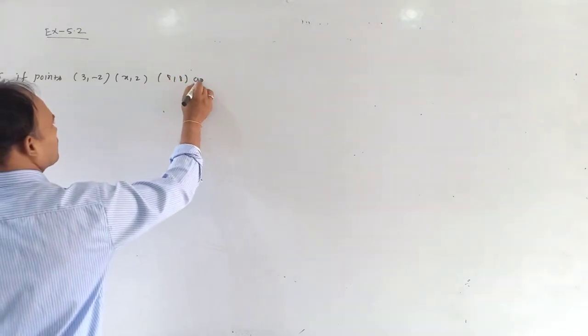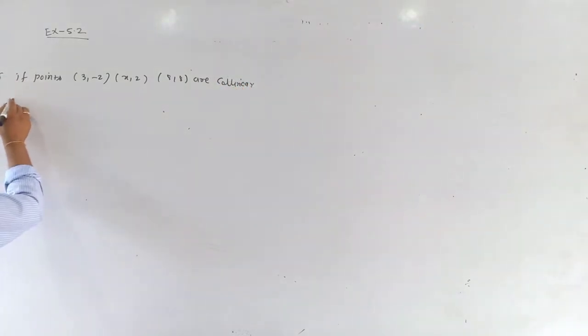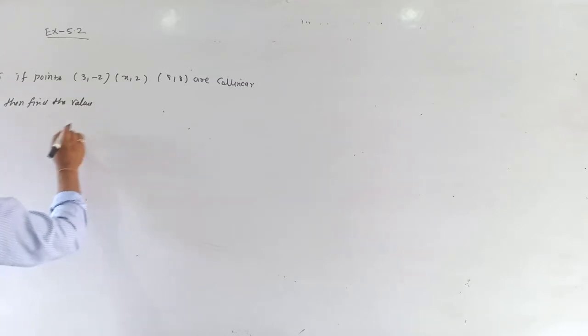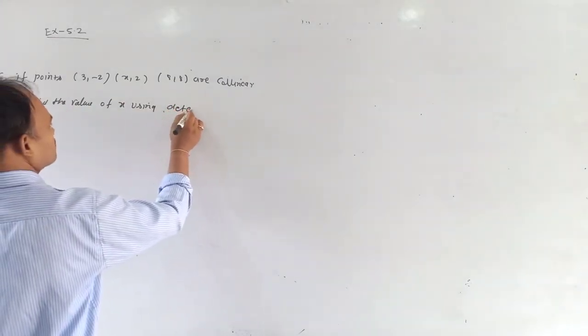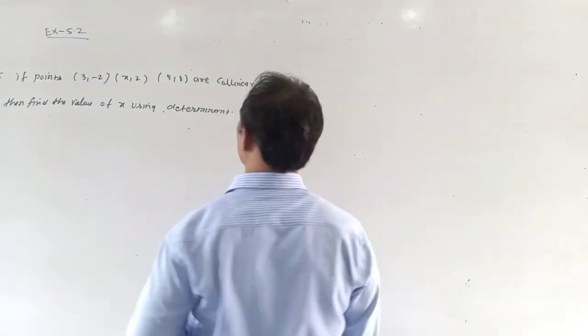Question number 5 is: if points 3 comma minus 2, x comma 2, 8 comma 8 are collinear, then find the value of x using determinant.